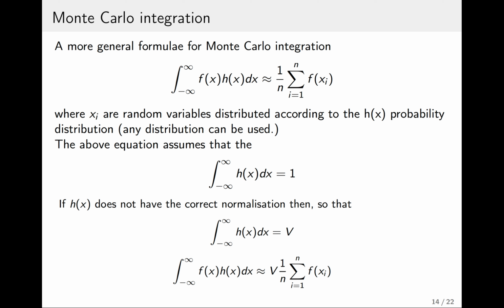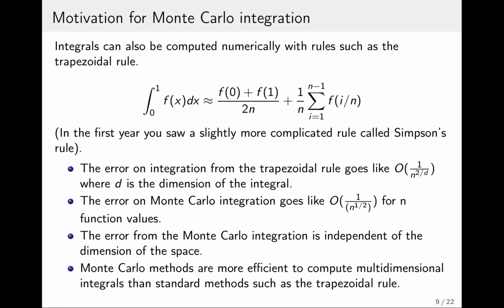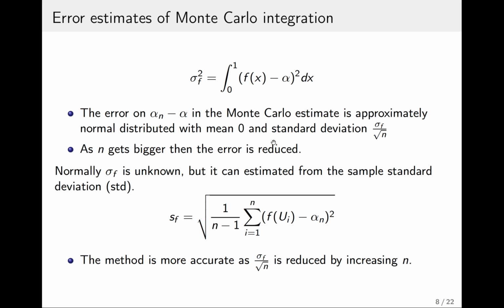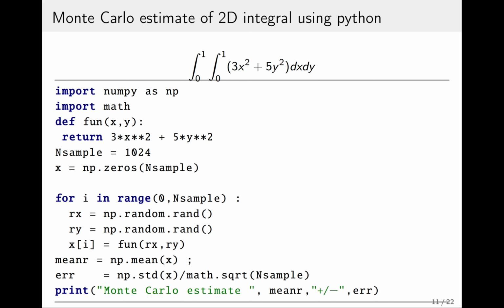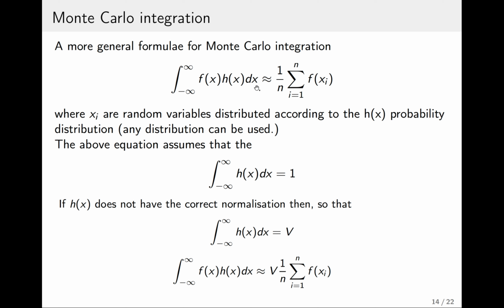Okay, so far we've looked at integration. In our original formulation, we're looking at functions, and we've used uniform random numbers to compute this integral. But by analogy with statistics, you can break an integrand up into f(x) and h(x), where h(x) is a probability distribution.